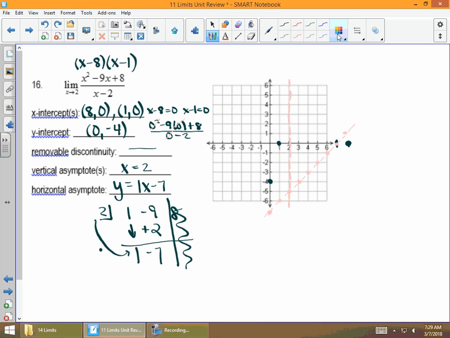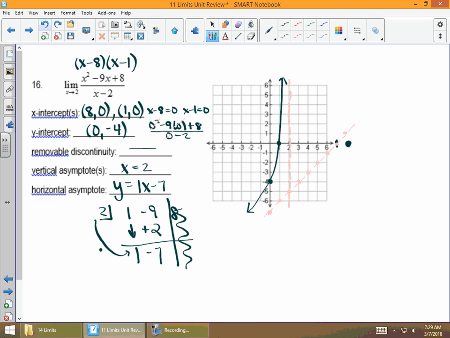I have 1, and that gives me a good picture again from the left. So as my graph is approaching 2 from the left, my graph is going to positive infinity. As my graph is approaching 2 from the right, I think that it's going to do something like this because of where that x-intercept is. But I'm going to confirm that with a table here.